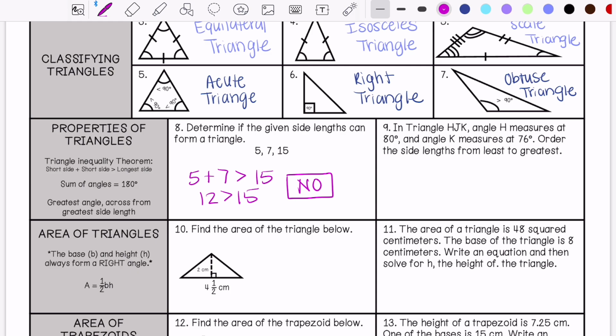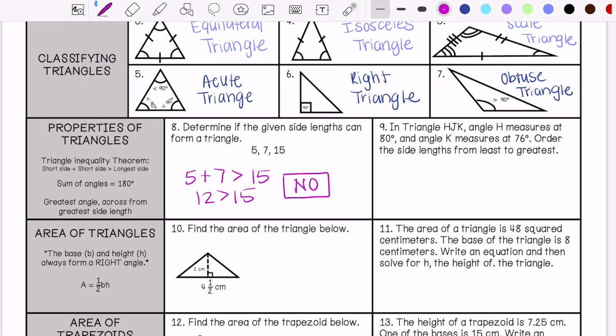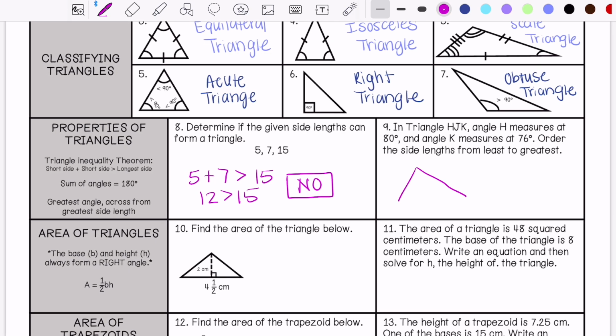All right, in triangle HJK, I'm going to draw this. Let's make it a little bigger. Angle H measures 80 degrees. Angle K measures 76. Order the side lengths from least to greatest.